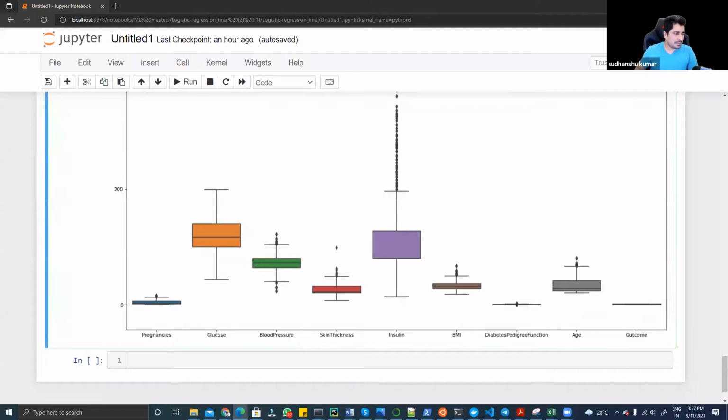So there are multiple ways again to treat outliers, right? There are multiple ways by which I will be able to handle this entire outlier thing. Can anyone suggest how we can try to do a treatment for outliers? Yeah, there are no outliers for glucose that we are able to find, that's true.